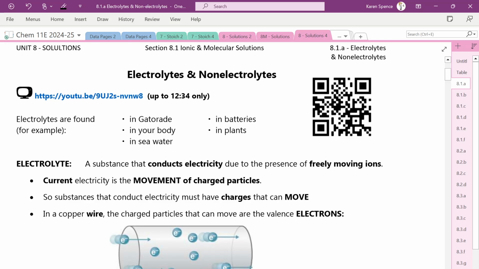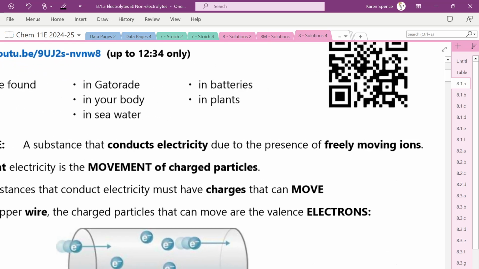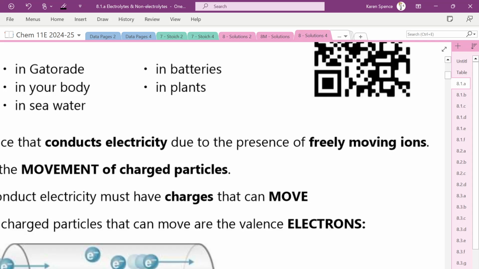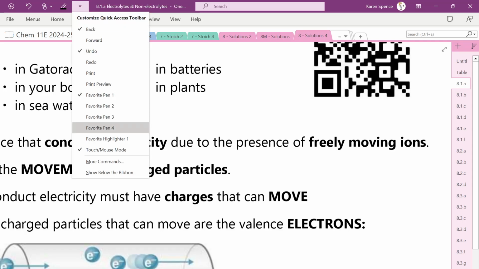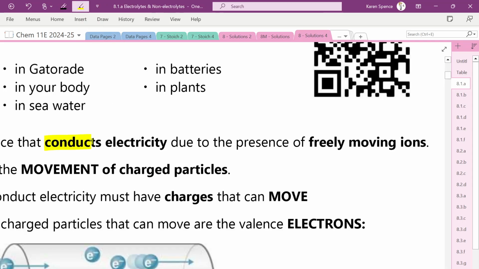They're found virtually in all living things, okay? And they are handy because they conduct electricity, but not in the same way that a wire conducts electricity, but they do it due to the presence of freely moving ions.